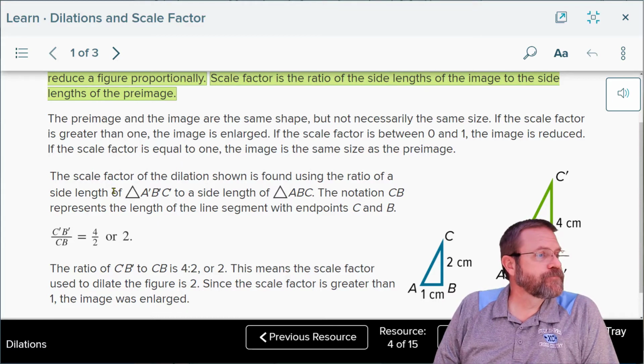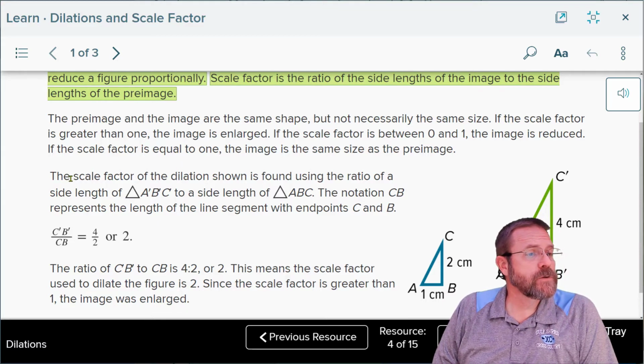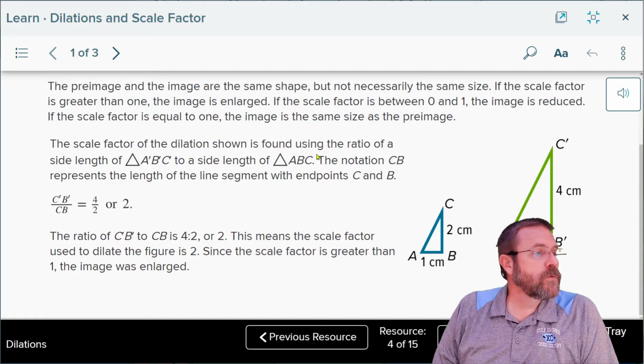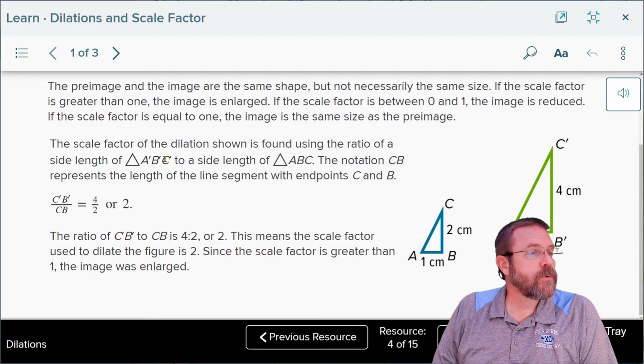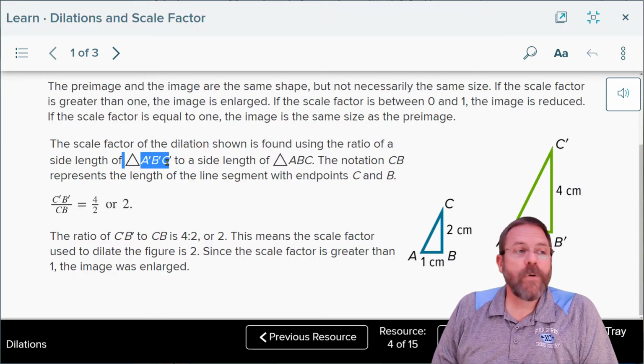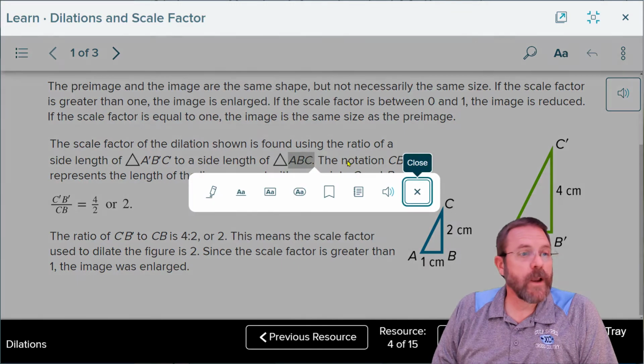Cannot happen. The scale factor of the dilation shown is found by using the ratio of the side lengths of triangle A prime B prime C prime to triangle ABC. Notice they took the image triangle, the new one, and put it before the original or pre-image triangle right here.